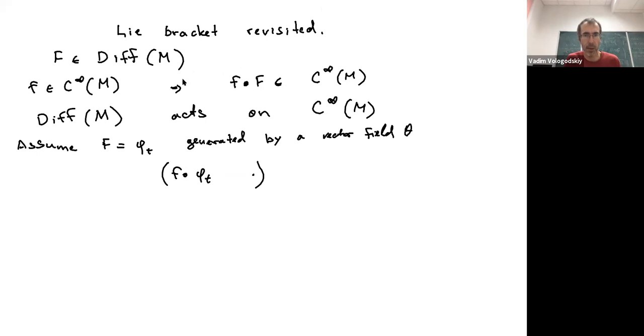In any case, for every p this is well defined for small t. So I can take its derivative at t equals 0, even if M is not compact.